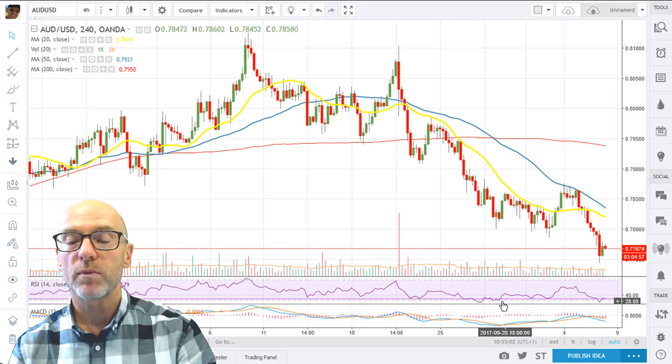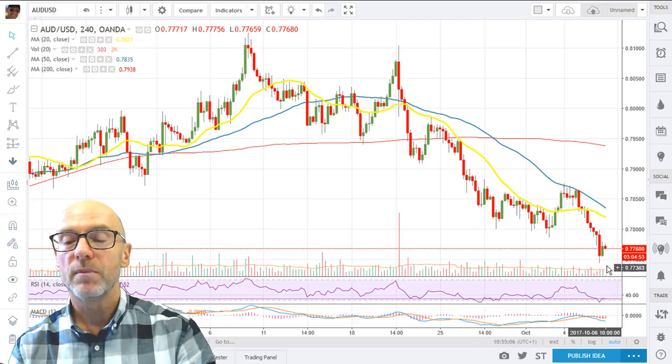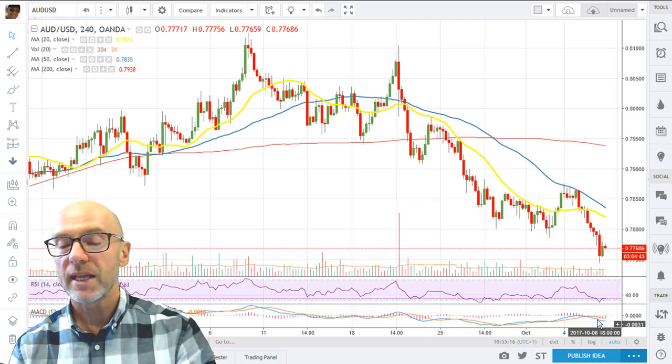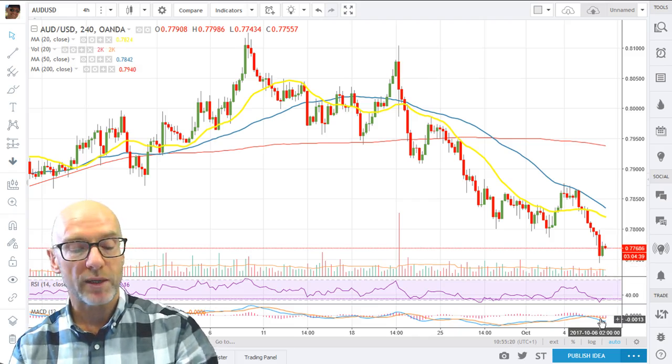This bottom wouldn't be a non-confirmation, it is at a low, but maybe we'll just see an edge up on the Aussie dollar as the RSI comes away from this oversold level. The MACD is still showing that obviously we've got negative momentum around.